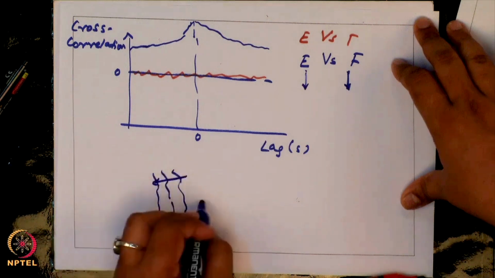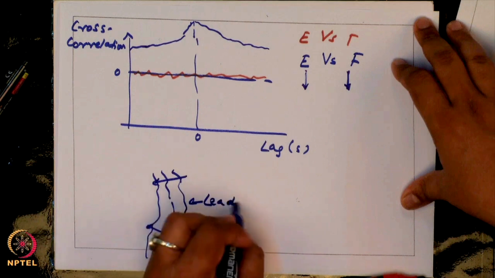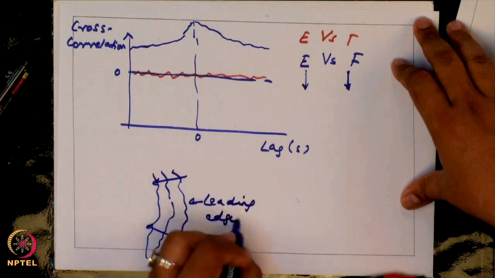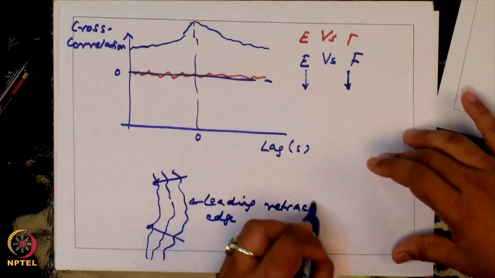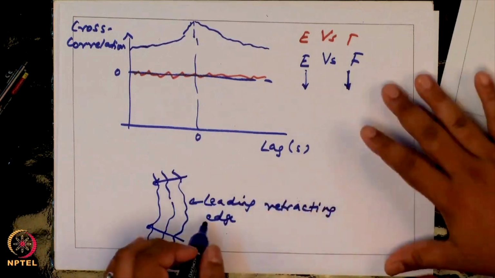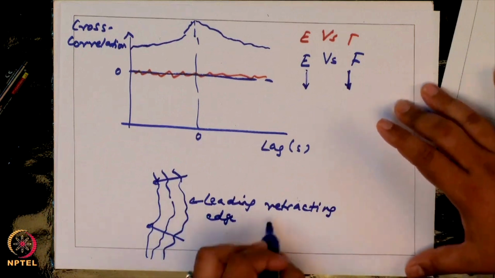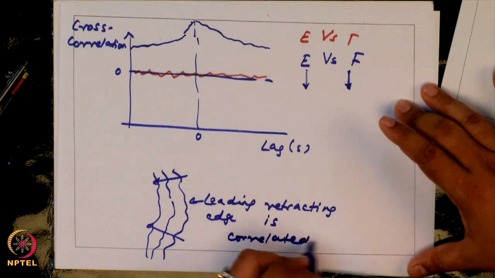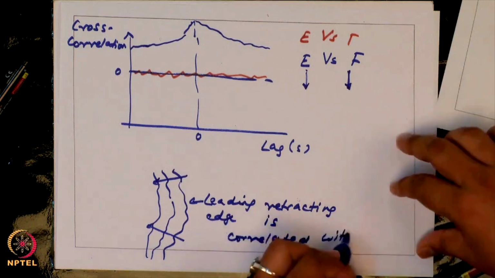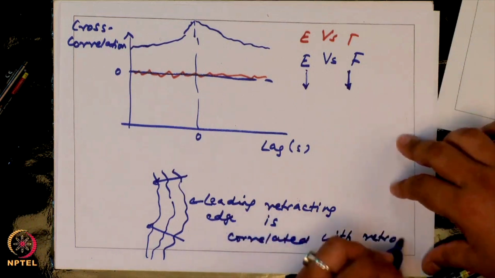So, the leading edge is retracting and it is correlated with retrograde flow.